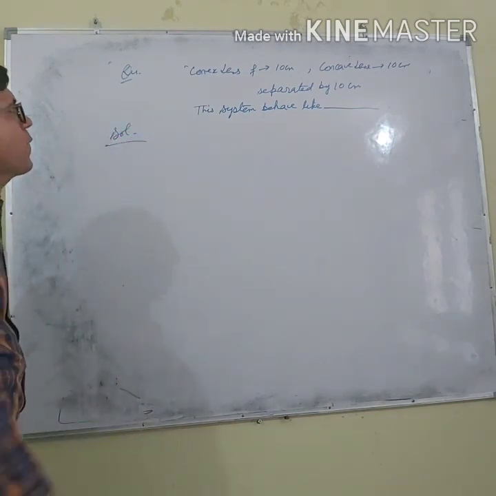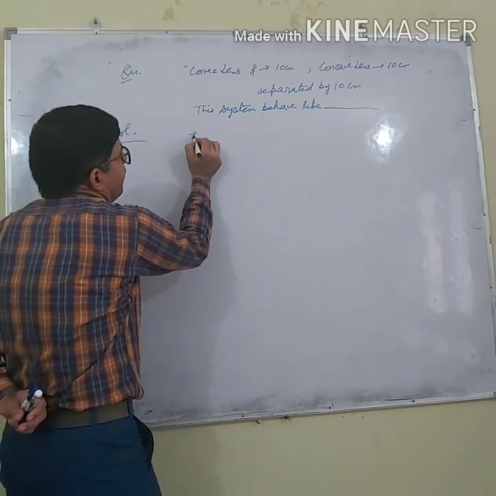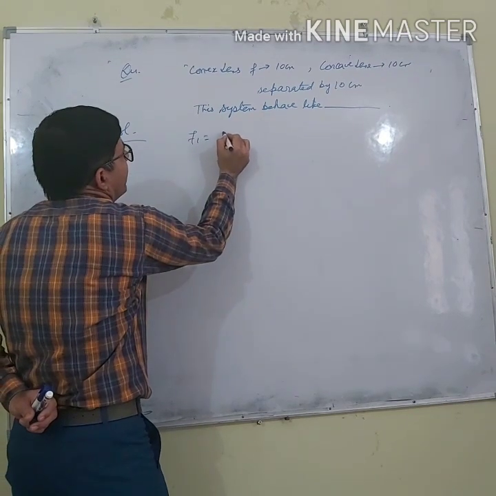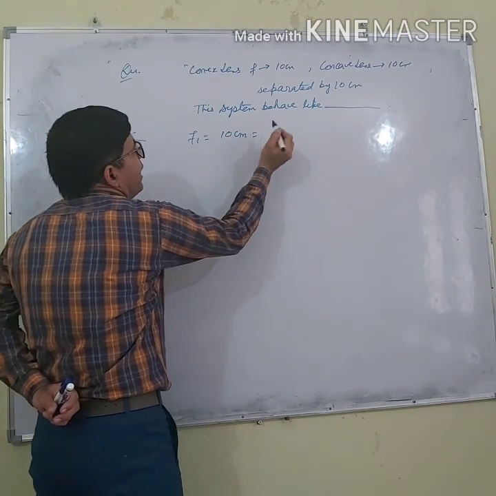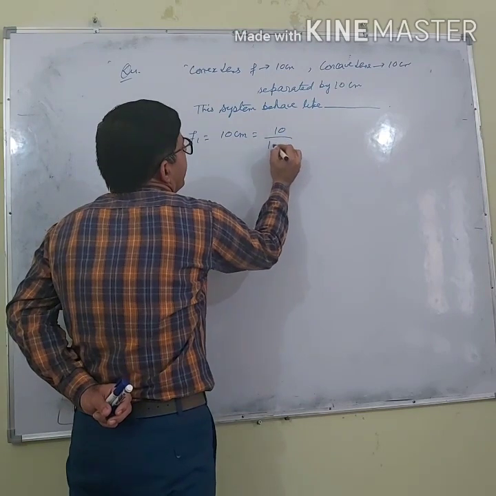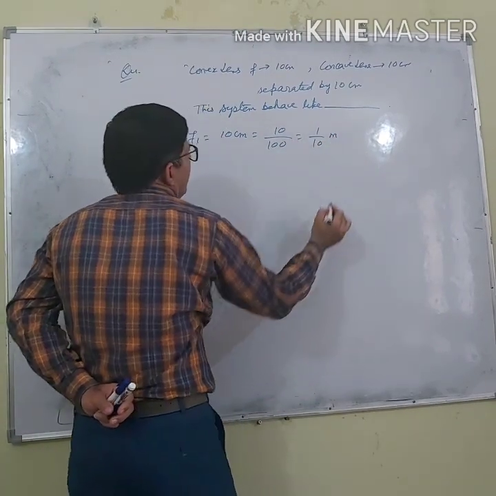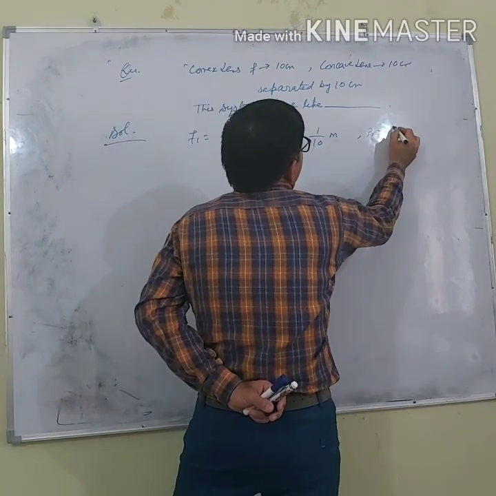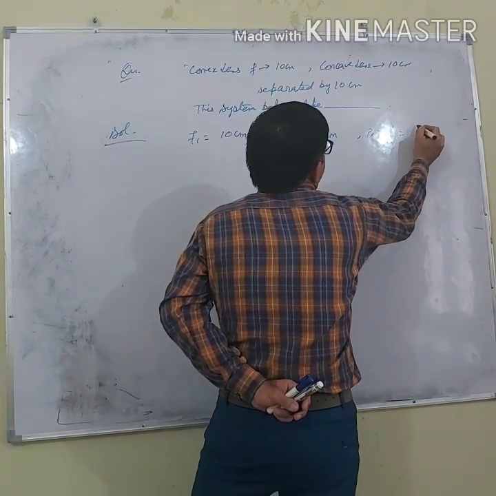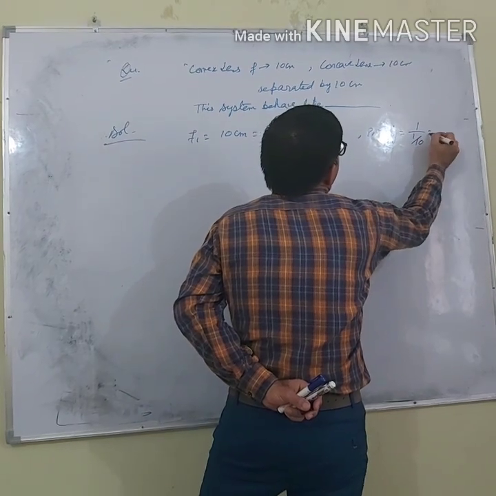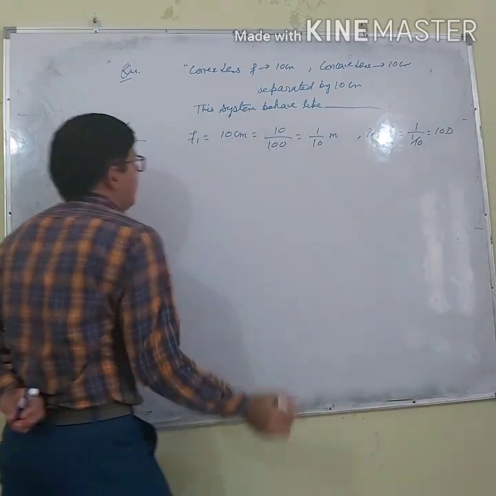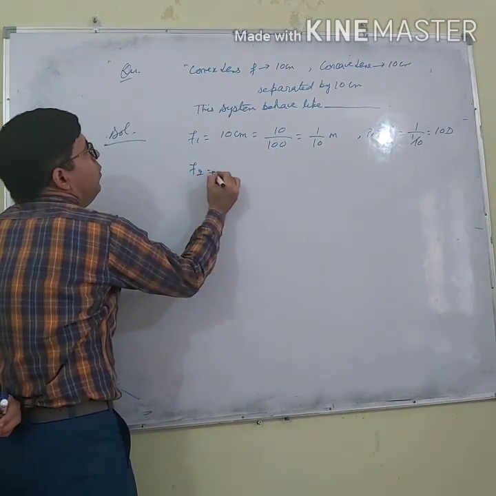Solution is convex lens. Its focal length is 10 centimeter. Convert it into meter. 10 by 100, it is 1 by 10 meter. And what will be the power? 1 over f1, it is 1 by 1 by 10, it is 10 diopter. And what is f2?